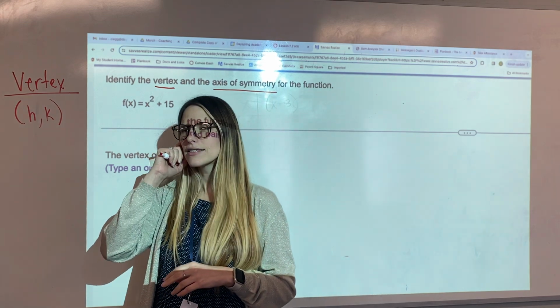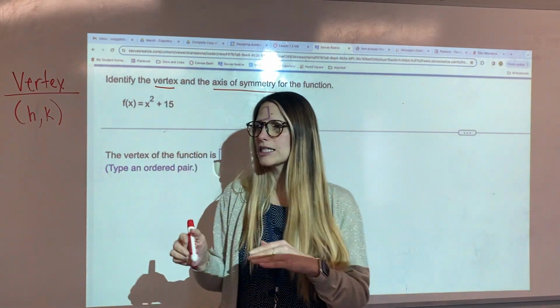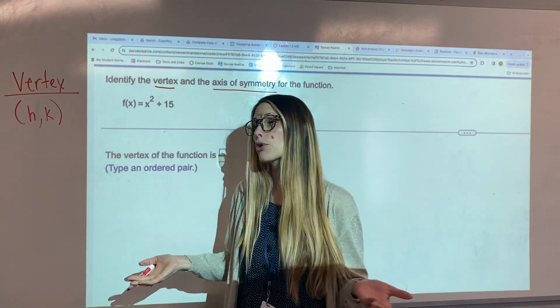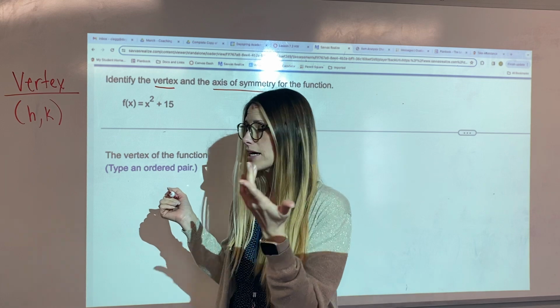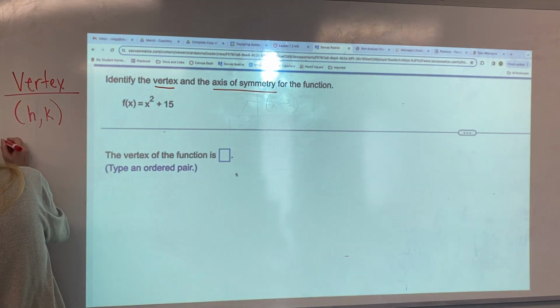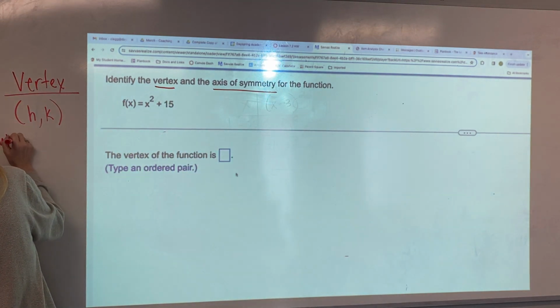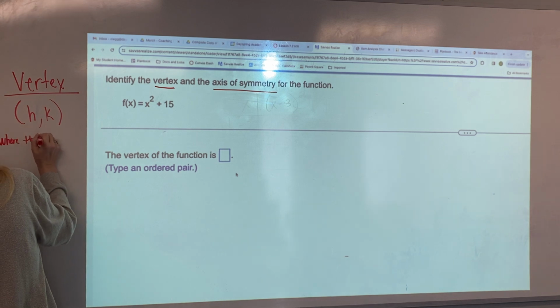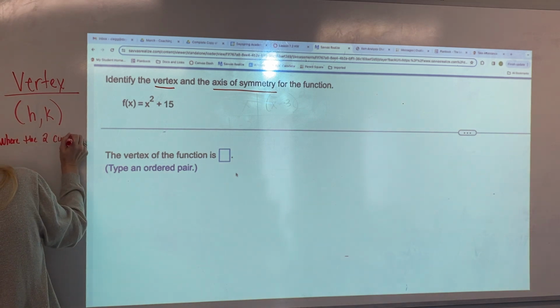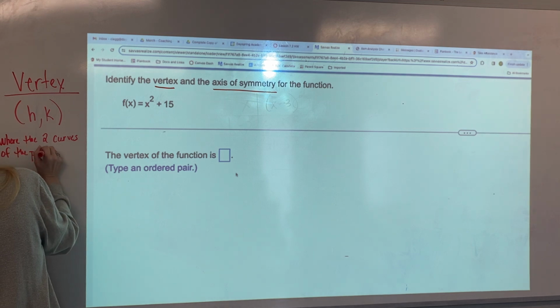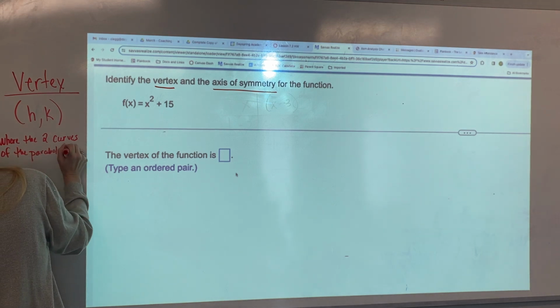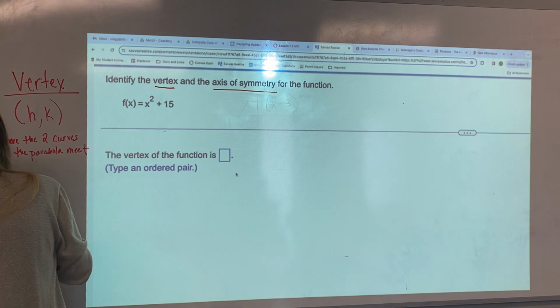Okay, they're not quite rays, but let's call them curves. Okay, where the 2 curves meet. I actually like that definition. So this could be one way to describe it: where the 2 curves of the parabola meet. Love that definition.